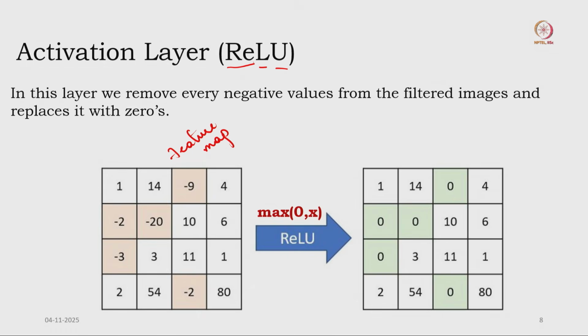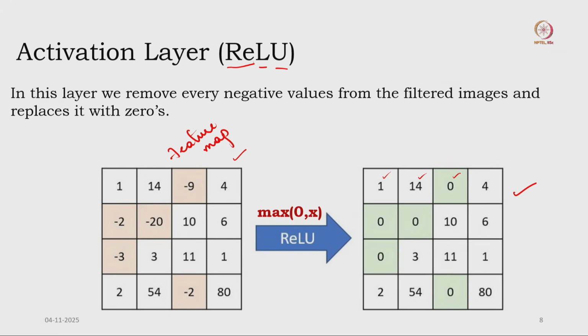Now, if you look, we have some values here. When this output, which we obtained from the previous convolution operation, is passed to a ReLU, this is the values that you get. If you see here, 1 is retained as 1, 14 is 14, but when you take minus 9, we got it as 0.